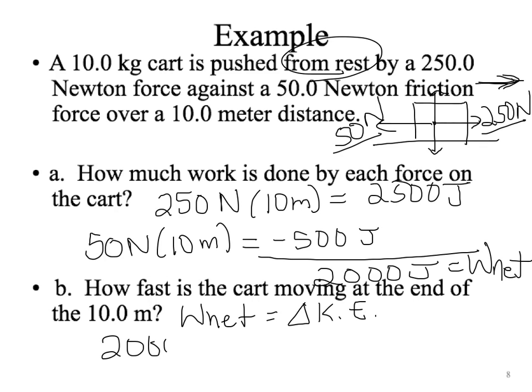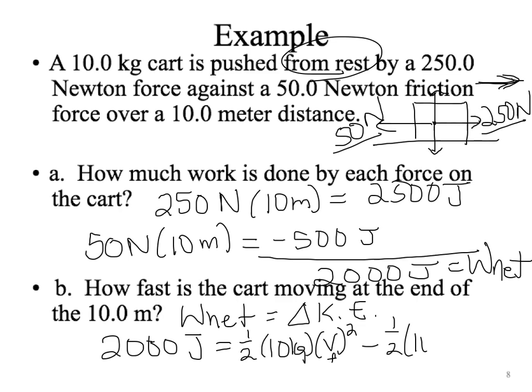So 2,000 joules is equal to, it's a 10 kilogram cart, and I don't know how fast it goes at the end, but I do know that it starts from rest, so that whole initial term is 0. So I'm going to go 2,000 times 2, so 4,000, divided by 10, so 400, square root of that. And that will be your final velocity.